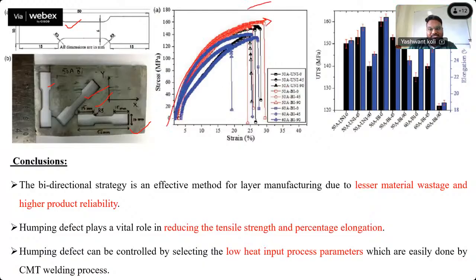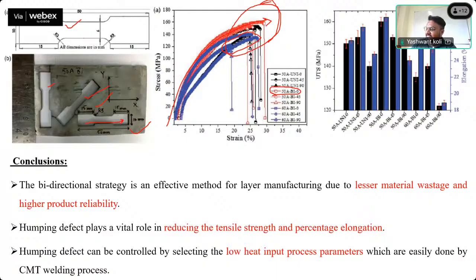It is almost the same, though there is some problem with this 60 ampere bidirectional, this blue color, because of the humping defect. But the maximum UTS, ultimate tensile strength, is achieved by 50 ampere bidirectional and 0 degree. 0 degree means the longitudinal direction.